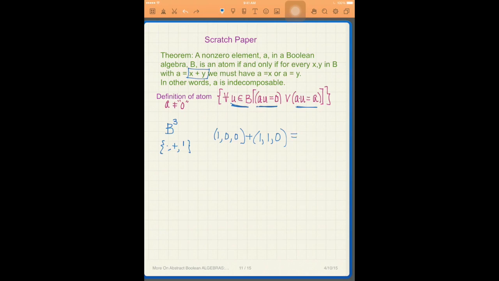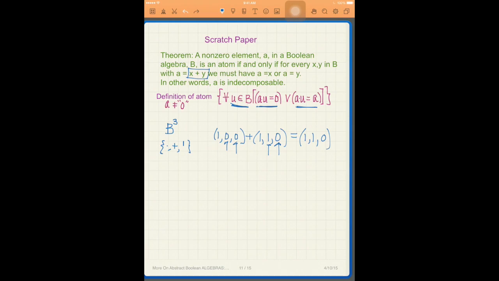Remember addition in this algebra is just or, so I say 1 or 1, just do it entry-wise, 1 or 1 is 1. Then I do 0 or 1. And then I do the next one, 0 or 0 is 0. Okay, so I end up with an element that's in the set, B to the third.